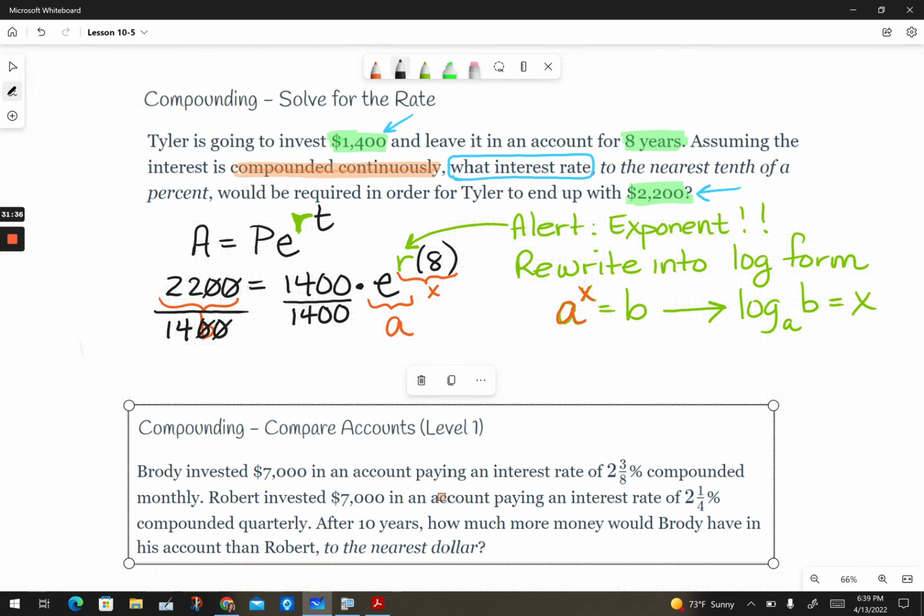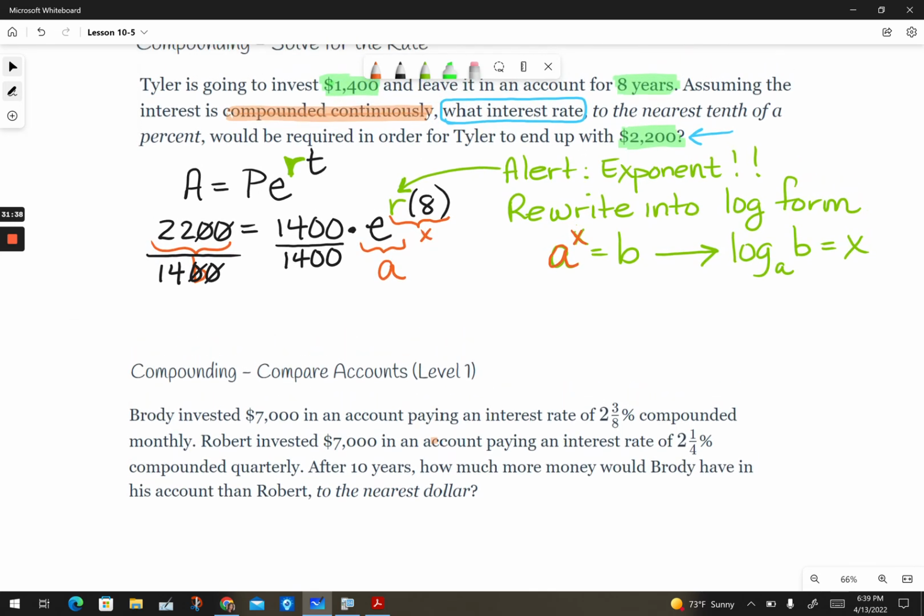Okay, now I can convert it into log form because I have it in exponential form. So I'm going to write log of my base. Now my base is base e, of b. The b value is what it was equal to, which is 11 over 7.